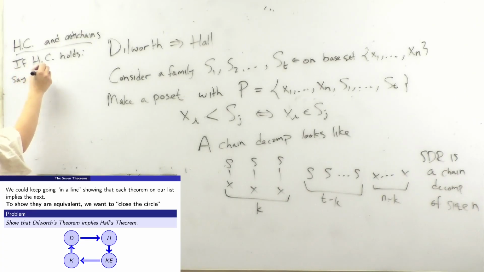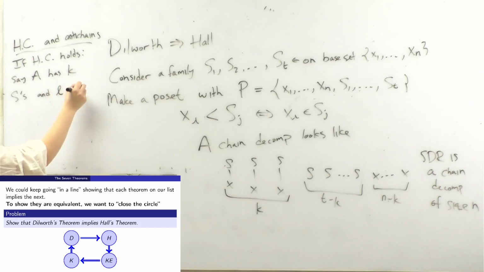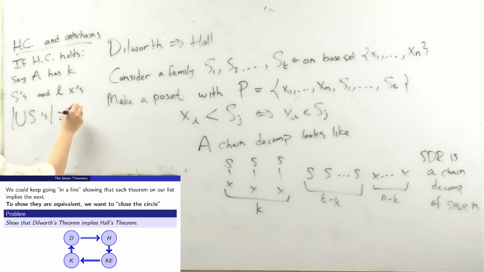Say an anti-chain A has k S's and l x's. If I look at the union of the S sets from my anti-chain, I get at least k different elements in there because Hall's condition is satisfied. So there are at least k x's that I can't put in, so I can choose at most n minus k. So I get at most k plus n minus k.